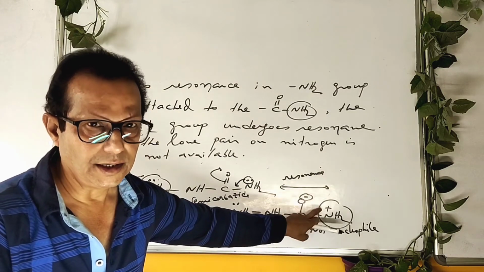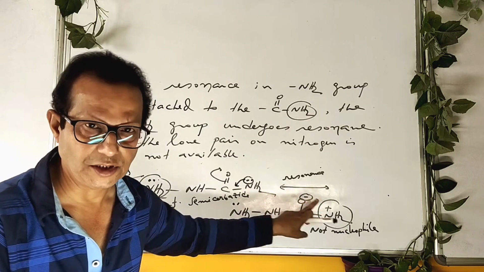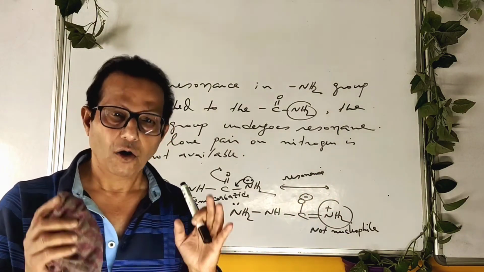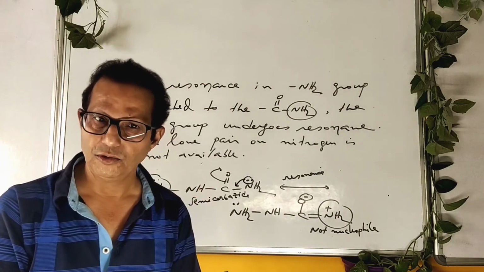That's why this NH2 group does not participate in the reaction, because you know that these reactions are examples of nucleophilic addition reactions. All the ammonia derivatives should act as nucleophiles.